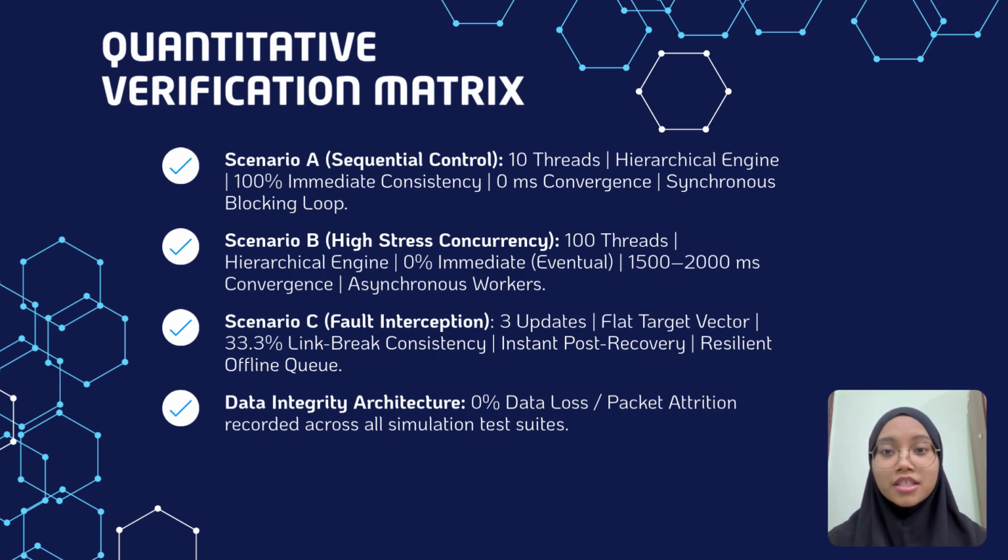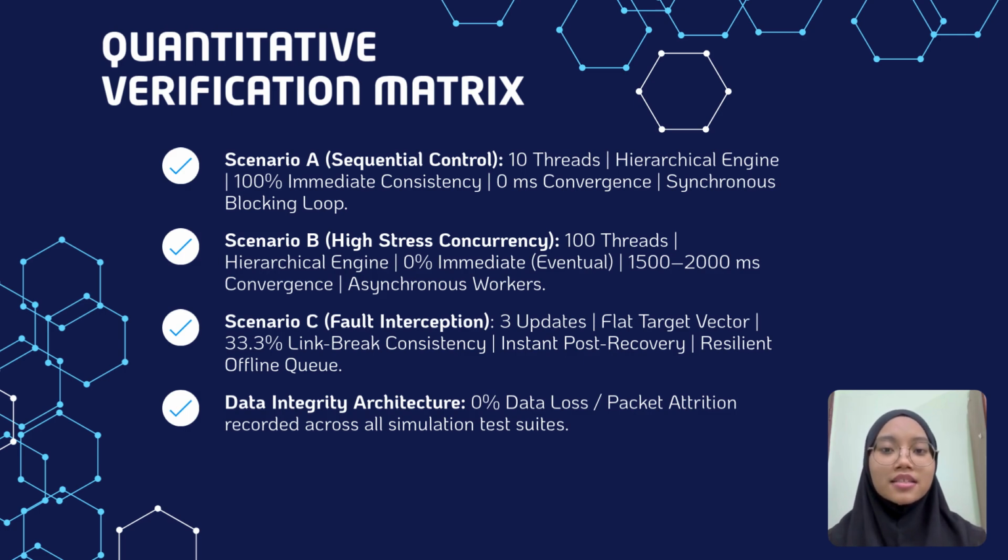We evaluated our distributed network across 3 distinct environments. Scenario A, sequential control, tested with 10 threads using our hierarchical engines, achieving 100% immediate consistency with 0 millisecond convergence latency under a synchronized booking loop.